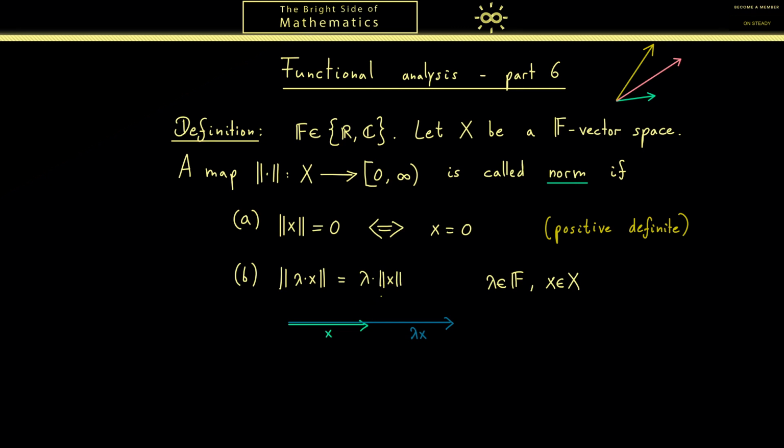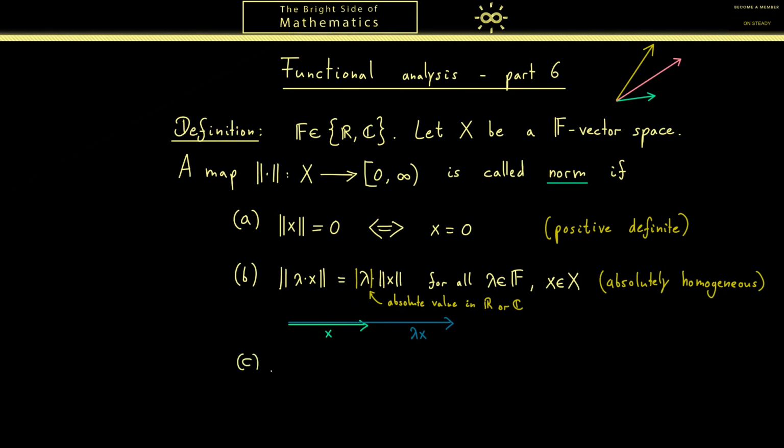However, lambda could be a negative number or even a complex one, such that this only makes sense if we consider the absolute value of lambda. Now depending on what F is, R or C, we have here the absolute value in the real numbers or in the complex numbers. Therefore, this part B tells you that the norm is always absolutely homogeneous. So you can always pull out scalars, but outside of the norm they always get absolute values.